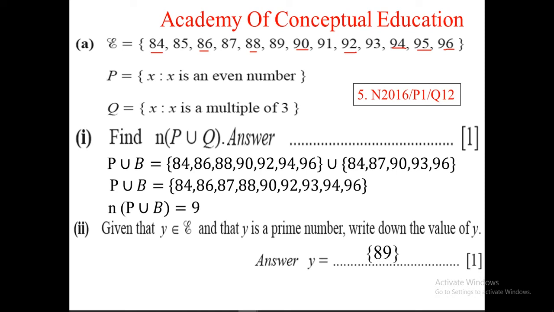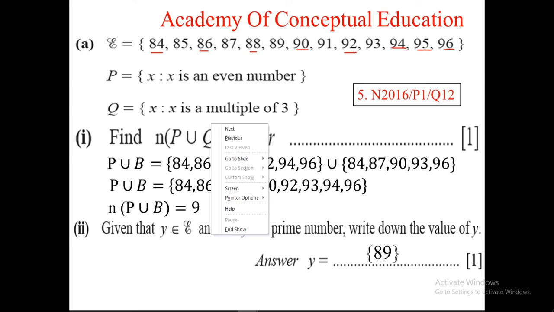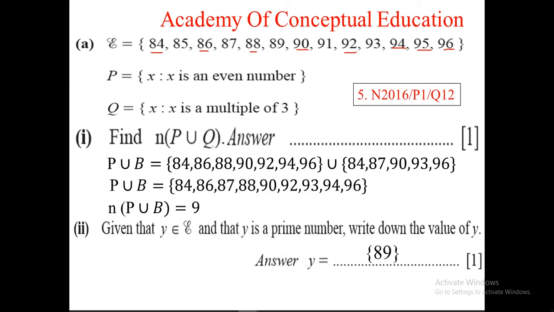We can directly see that 89 is the prime number among the above numbers. So the value of y, which is prime, is 89, because they clearly say that y is an element of the universal set, and the second thing is that y is a prime number.